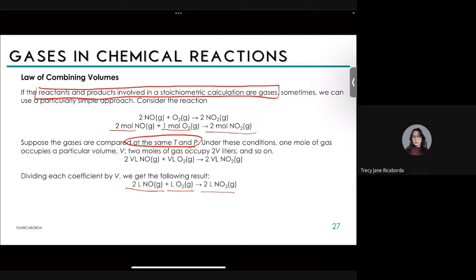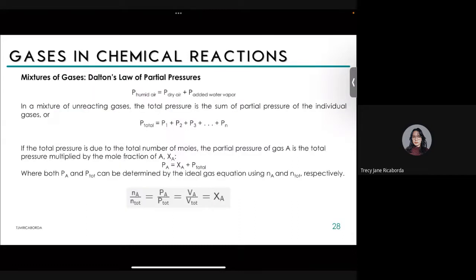Now, we have another law that we're going to look at here. The simple and ideal gas laws, yung mga sinabi ko kanina na mga gas laws, hold true for virtually any gas under ordinary conditions, whether it's a pure gas or a mixture of gases, like air.